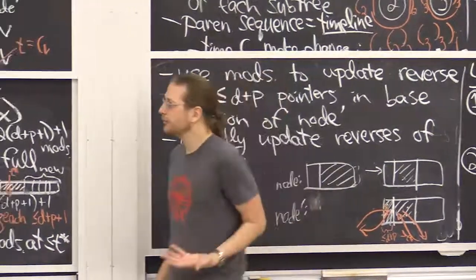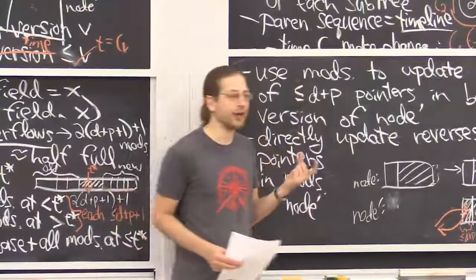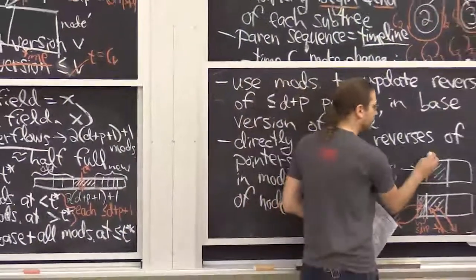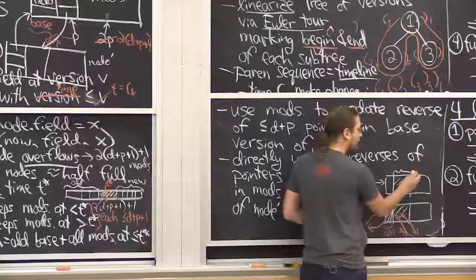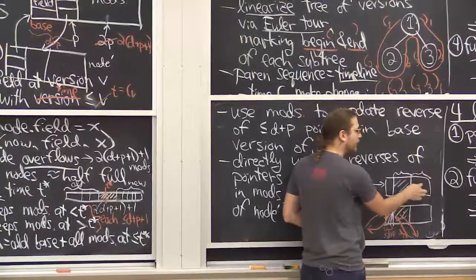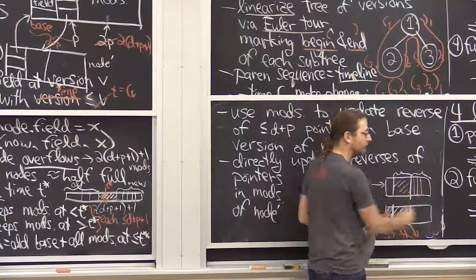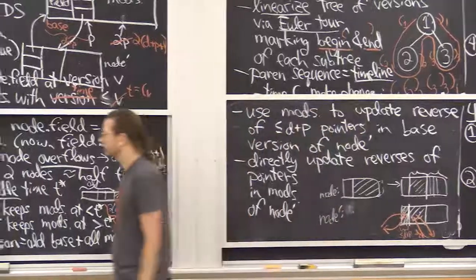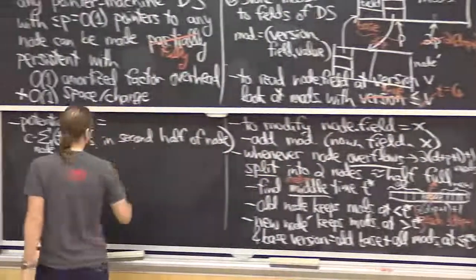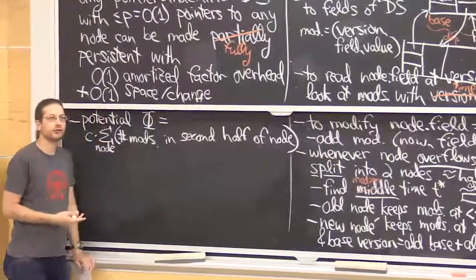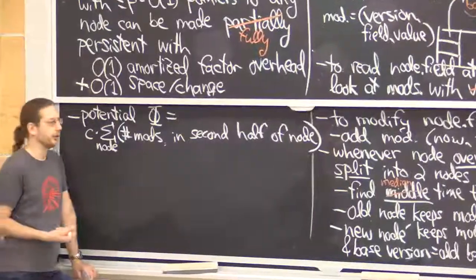So at steady state, all the nodes are between half and 100% full. So what I'd like to do in the potential function is just forget about that first half. Don't count the first half of the node. Only count in the second half of the node how many of these get filled up. Okay, so that's what this is saying. In the second half, in other words, we don't count the first d plus p plus 1 mods.